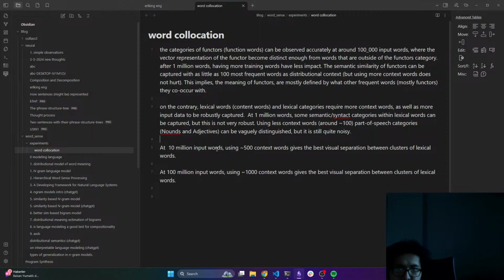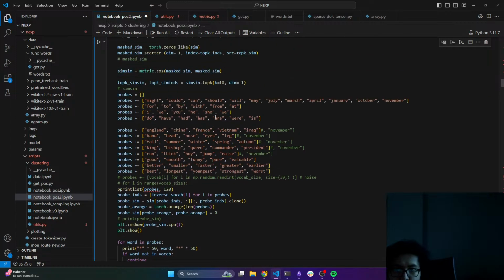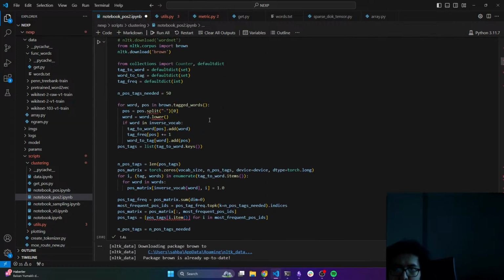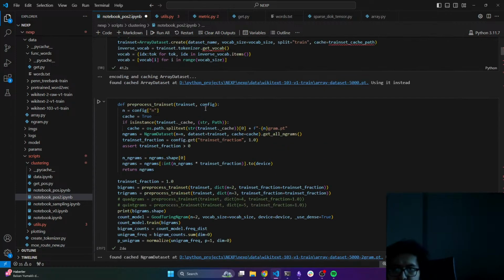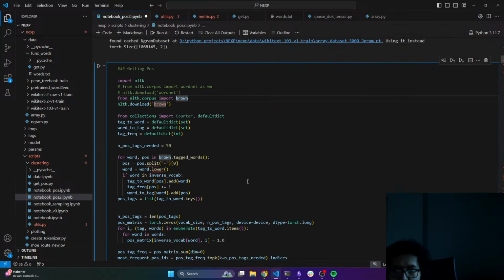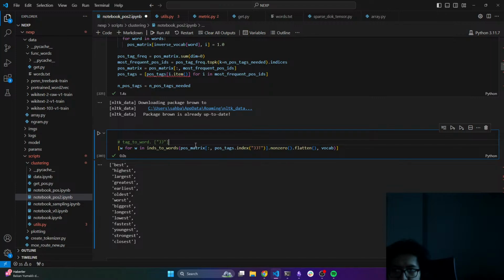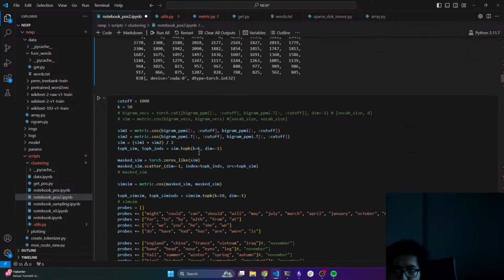So perhaps there is some sort of law we could extract from this. Let's say I use 0.1%, and I'm going to use 250 context words.